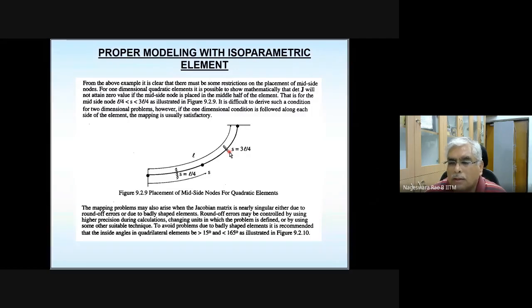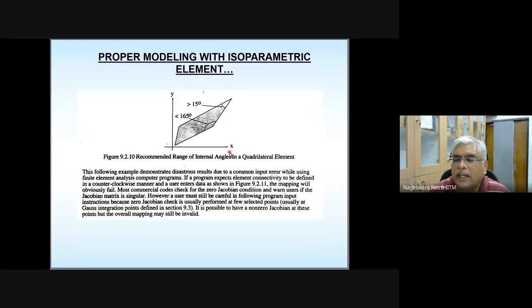And also, the angle between the edges should not be less than 15 degrees and should not be greater than 165 degrees for a quadrilateral element. Please make a note of it.